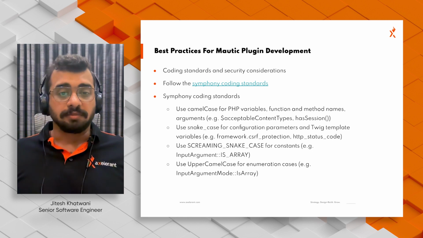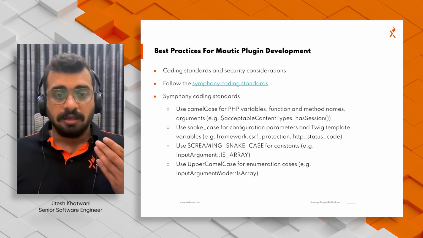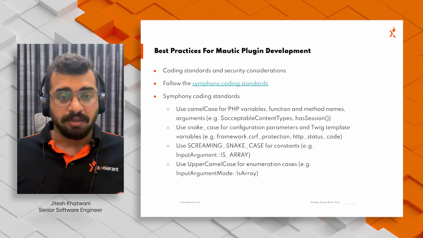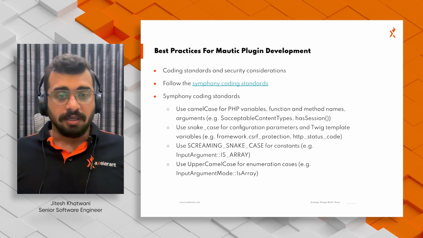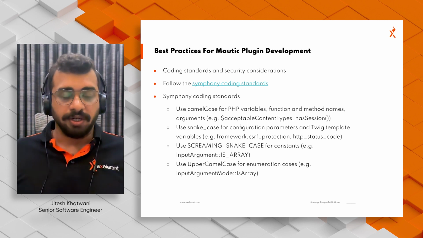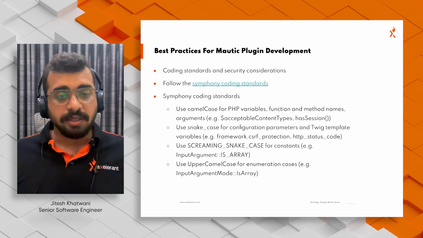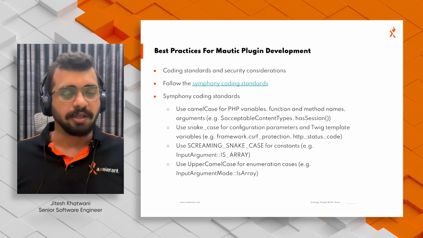If you are writing configuration parameters, you can use snake case. Use screaming snake case for constants, which has to be in caps. Use upper camel case for enumeration cases. And if you want to see more of these coding standards, you can visit the link which I have mentioned here.